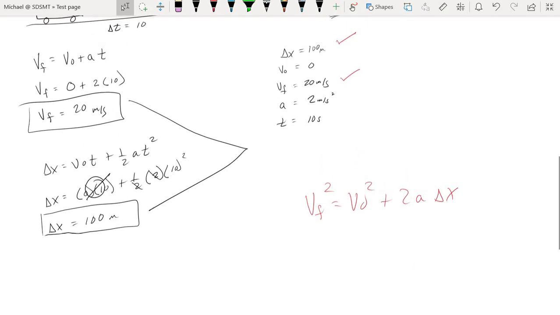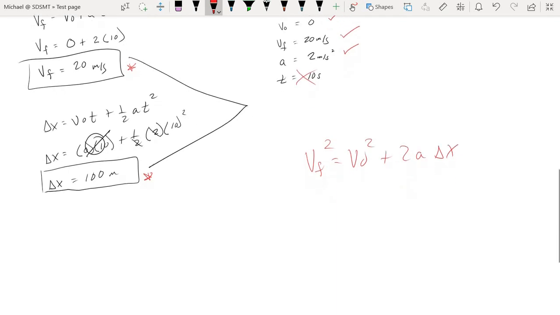Let's take that equation, we'll plug in our answers for V final and delta x along with the other two values that show up in the expression, which are V naught and a. So in this case, there's no place for the time. If we can plug all of these values into this equation and get a true statement, then we have our method of checking our work.